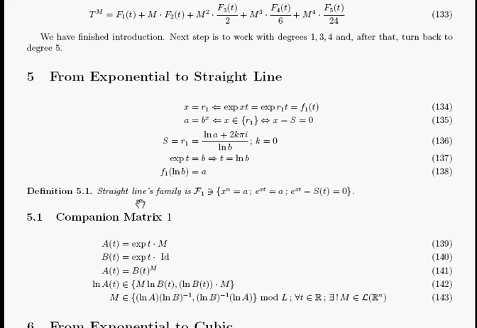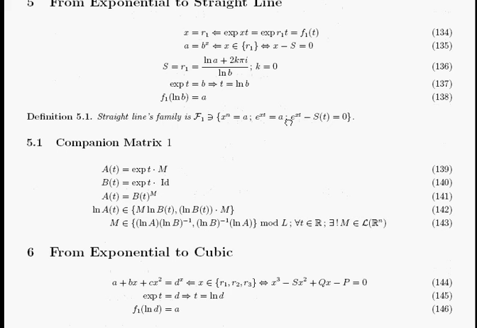And the straight lines family is x powered to n equals a, exponential of xt equals a, and exponential of xt minus a function of t equals 0. We did that for n equals 2, for n equals 1, and in the next video we're going to do it for n equals 3.